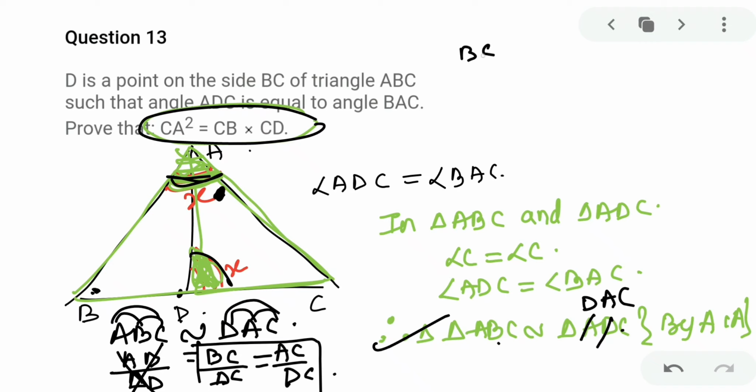So you have BC upon AC is equal to AC upon DC. When you cross multiply, you're going to get AC square is equal to BC into DC or CD. See, whether it is BC or CB or DC or CD, it doesn't make a difference in the positioning of the alphabet. You can name it like this, but don't make mistakes in the naming of triangles. Getting my point clear? Okay, thank you.